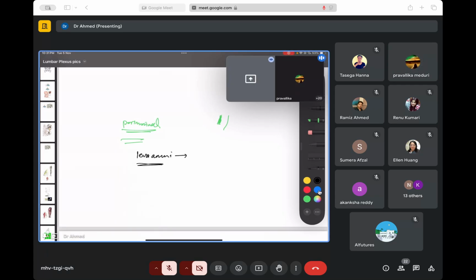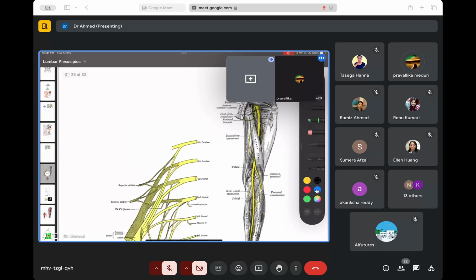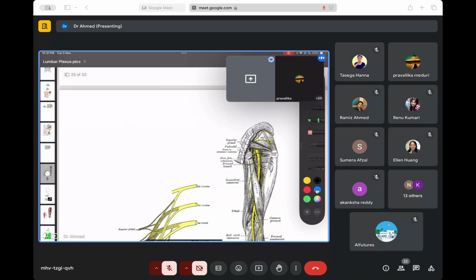One of your UWorld MCQs: whenever you have posterior dislocation of the femur, for example a hip fracture where the bone moves posteriorly, it is most likely going to damage your sciatic nerve.